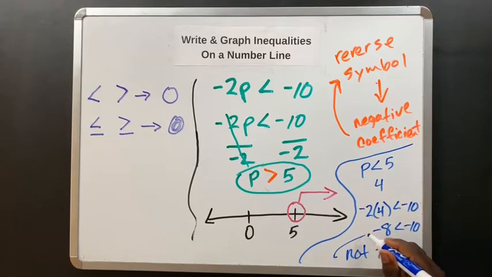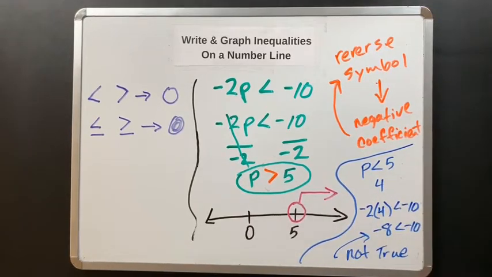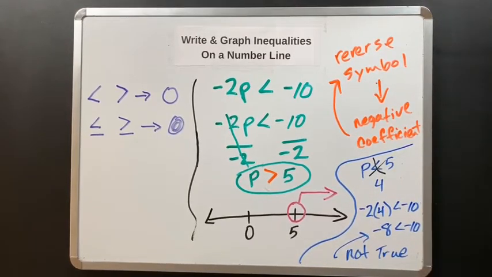This statement right here is not true. Therefore, since that's not true, do not use this symbol. Use a different color. We had to reverse it, okay? That's why we had to reverse it, okay?